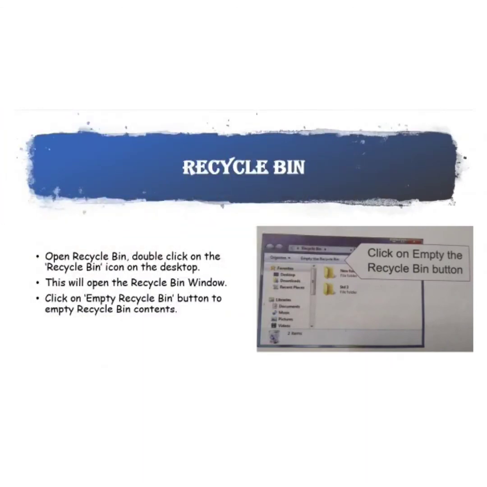Now we will learn about recycle bin. Open recycle bin. Double click on the recycle bin icon on the desktop. This will open the recycle bin window. Click on empty recycle bin button to empty recycle bin content.